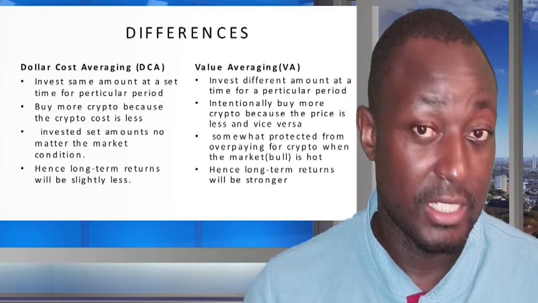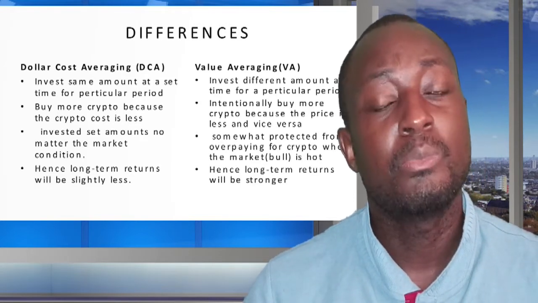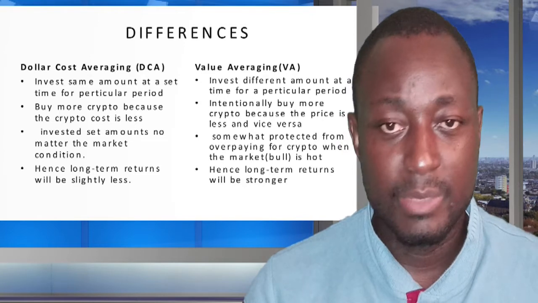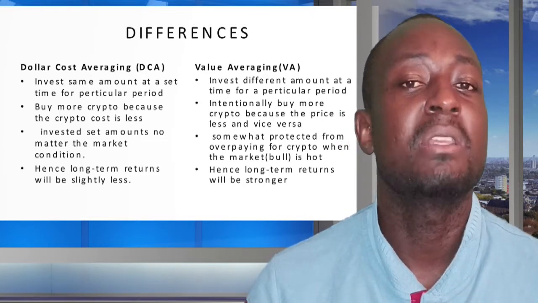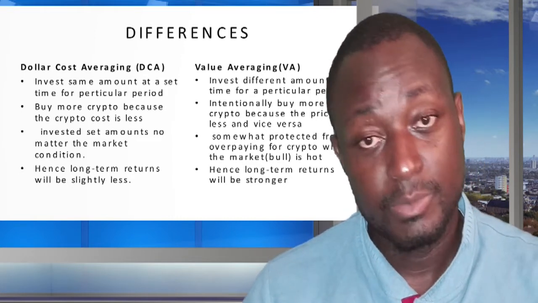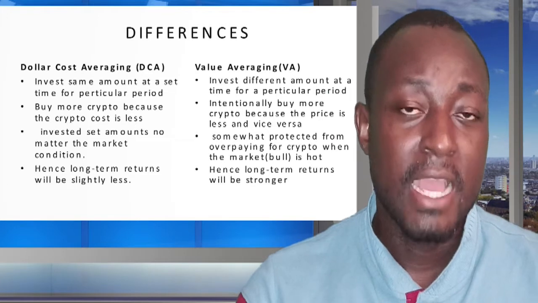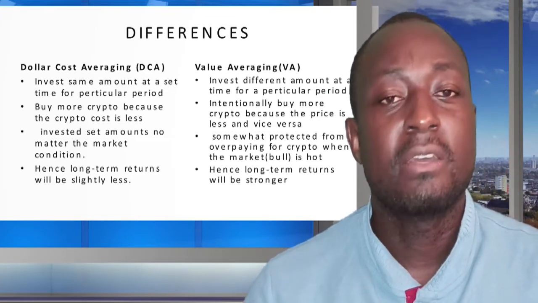That is intentional, in quotes, because the investor discovers that at this particular period the crypto is cheap. So at this time the investor intentionally buys more crypto because the price is less, and vice versa buys less crypto because the price is high, which is a bit different from dollar cost averaging.